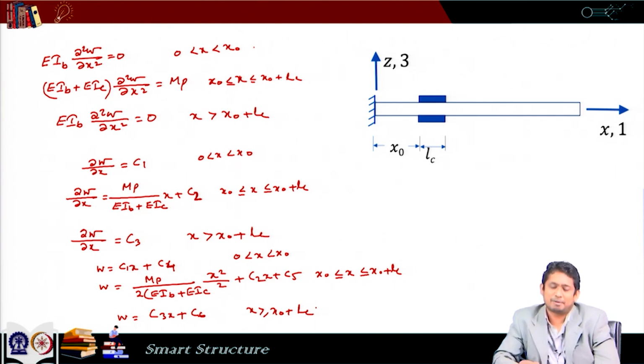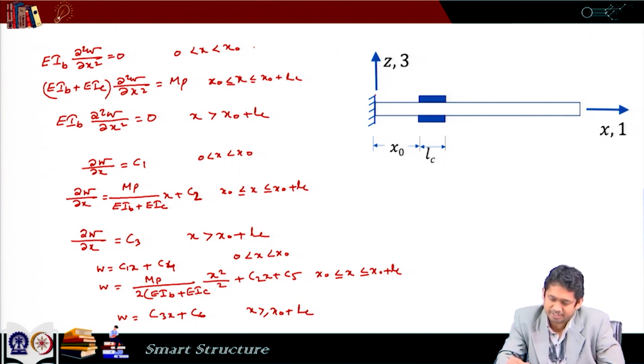Now again we have to apply the boundary and continuity conditions. Here the boundary condition is slope is 0 here, slope should be continuous here, slope should be continuous here, displacement is 0 here, displacement should be continuous here, displacement should be continuous here. So I get 6 equations and I have 6 unknowns to solve, C1, C2, C3, C4, C5, C6.